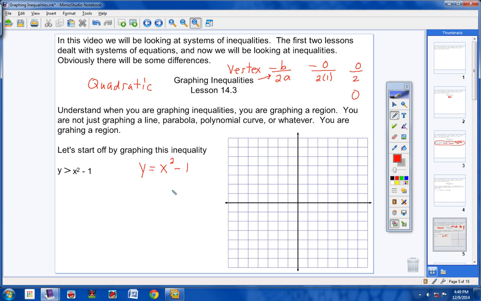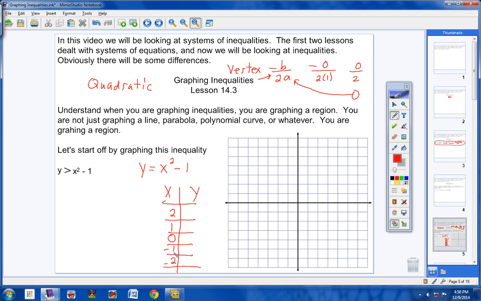So here's what you did right there. You were able to find the vertex, the x value of the vertex. And so we're going to put that right in the middle of our table of values, okay? Now I might be teaching this a little different than Mrs. Walker did, I'm not sure, but this here gives you the x value of the vertex. So this number that you get from using this formula goes right here in the middle, okay? Then we go up a couple, and we go down a couple.